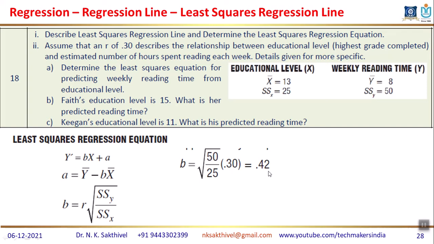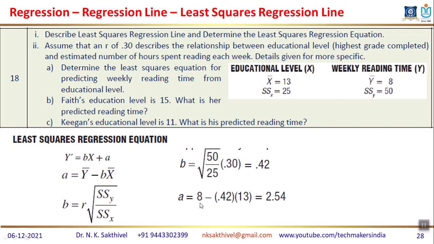Then I want to calculate a. A is y mean, the weekly reading time mean, minus b times x mean, where x is the education level. So a equals y mean minus b x mean. Y mean is already given as 8. So 8 minus b, which I calculated as 0.42, into x mean. X mean is given as 13.